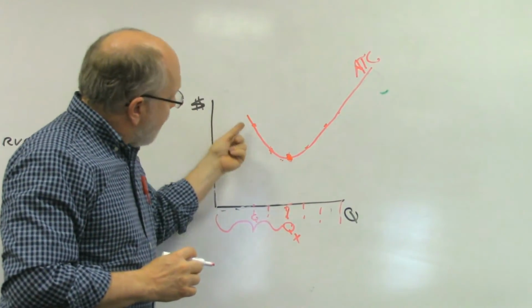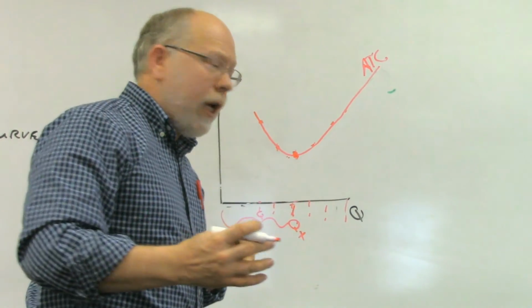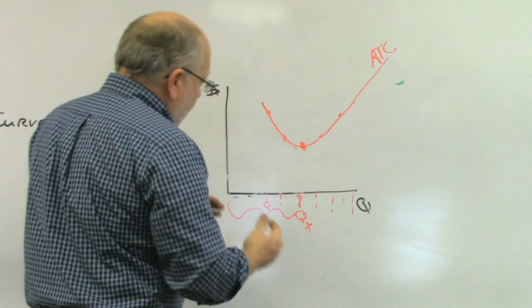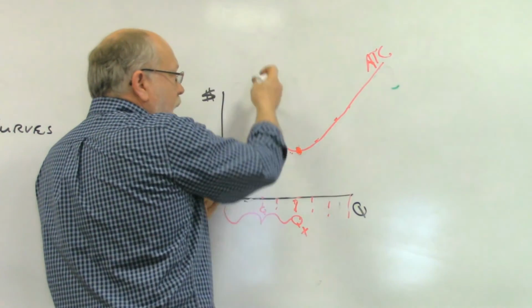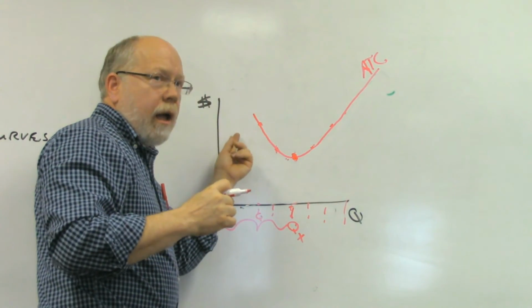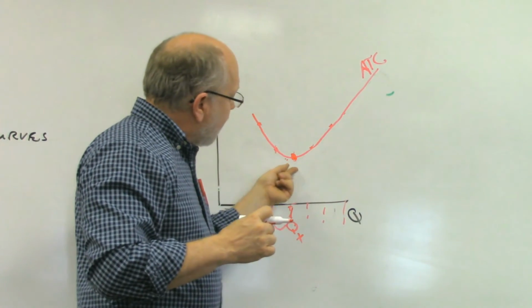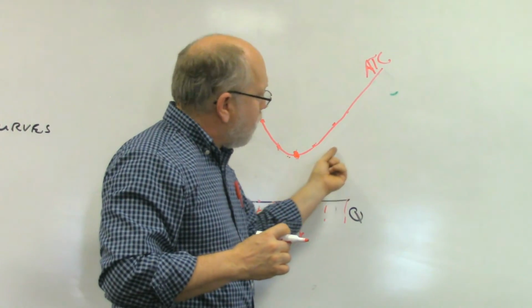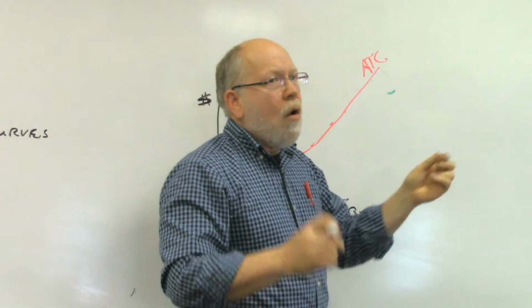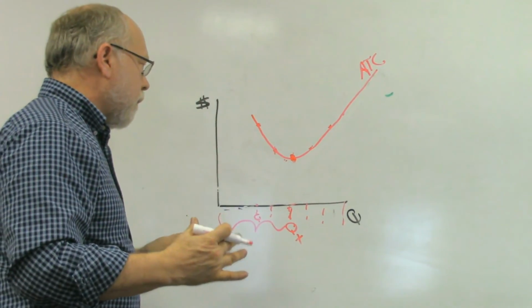We get this Nike swish symbol, what some texts call the U shape of this curve. As we start out producing, our average total cost per unit is pretty high. And as we increase output, it comes down, it bottoms out, and as we continue to increase output, it begins to go back up again for any fixed size operation.